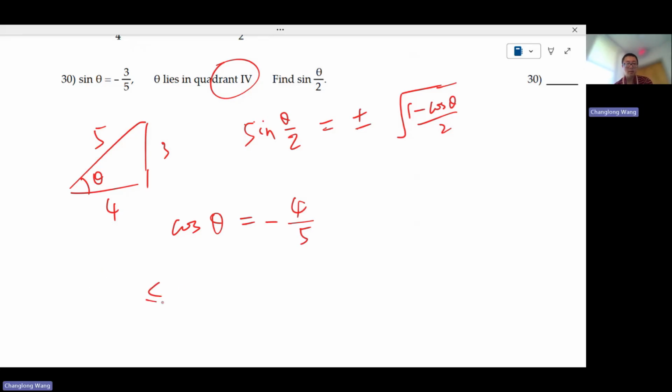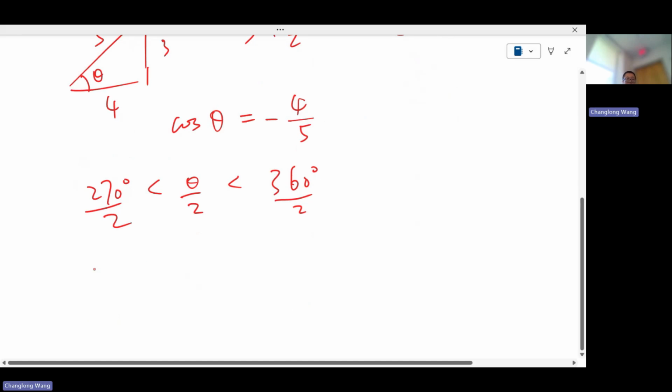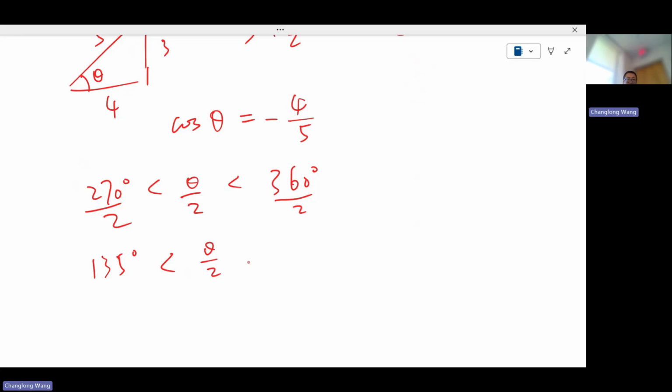Greater than 270, less than 360. So that's theta. What about half of it? How much is this? Greater than 135, less than theta over 2, less than 180. What kind of quadrant is that? That's the second quadrant.